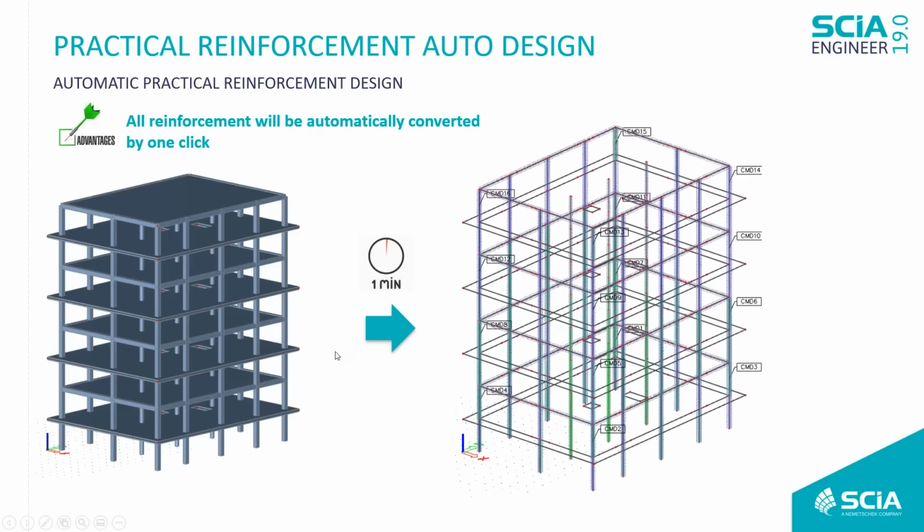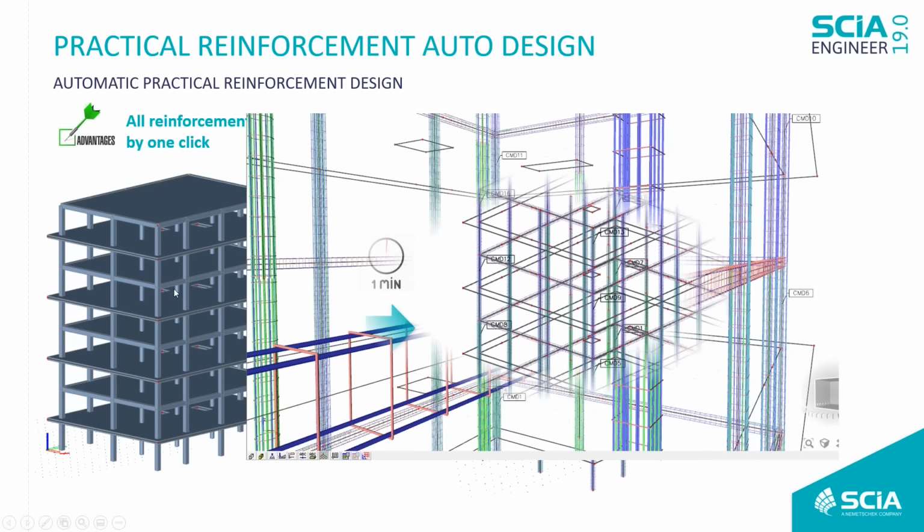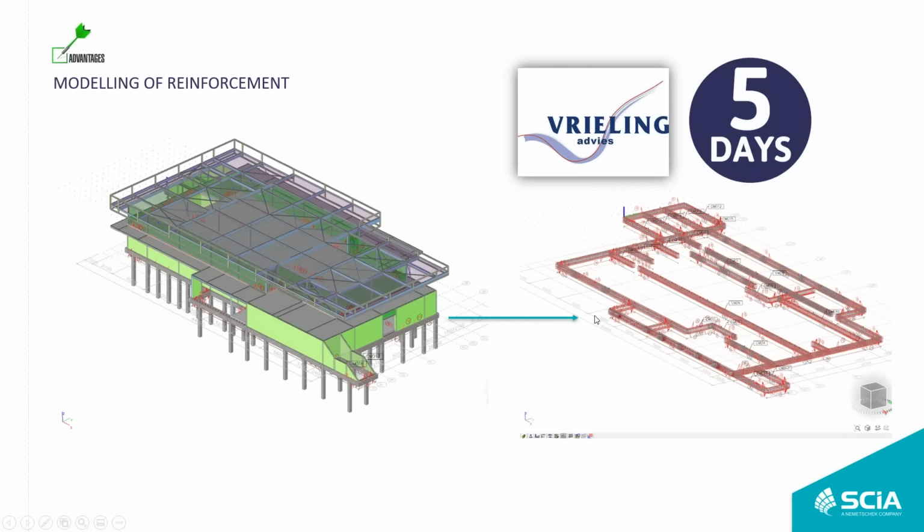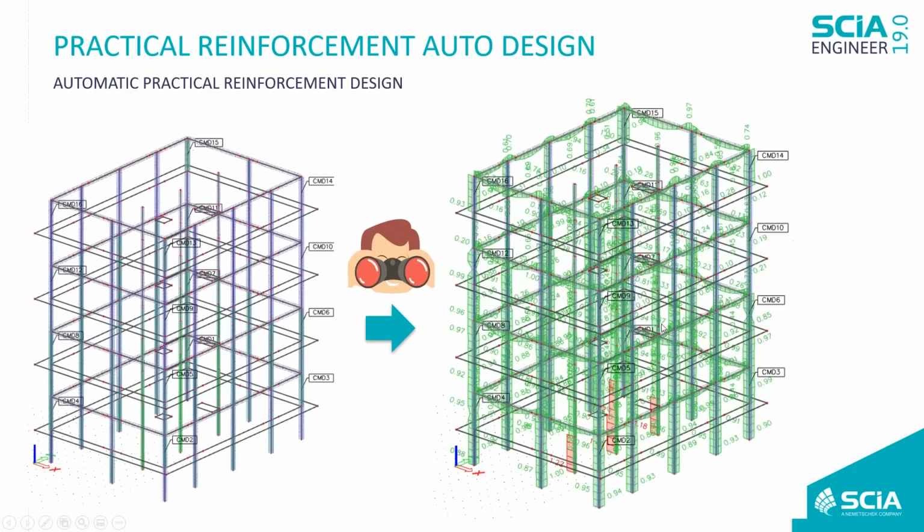That's fine, but you can start using V19 and doing the design for the first time in one click for everything in one go. The advantage, you will convert all the bars automatically, but also, let me show you this image here. Also, you can run the check for everything in one go.